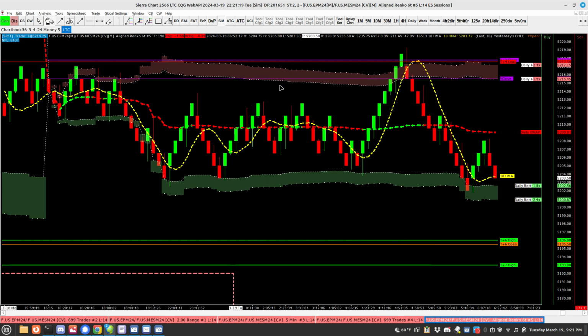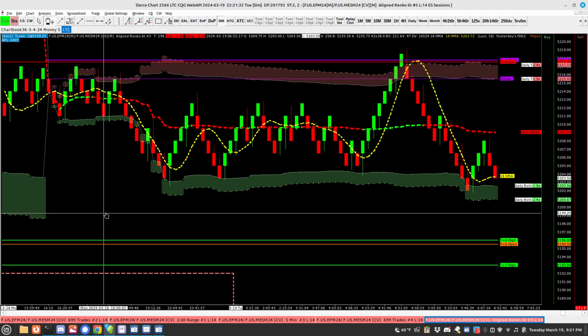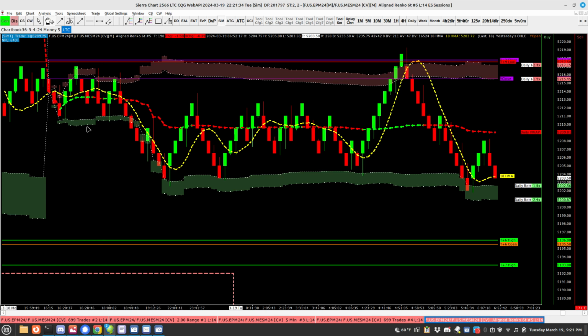In Globex, you will almost always see this chop back and forth around value area high, especially in the beginning. Here's my 1800 bar. I started this a little bit early because I wanted to see how this was going to work out.